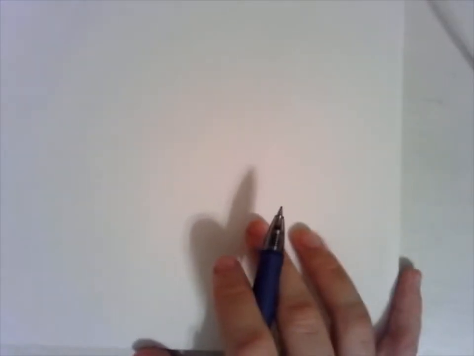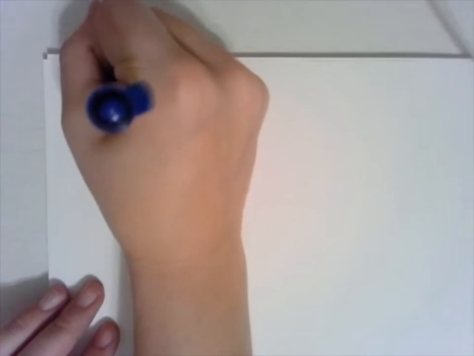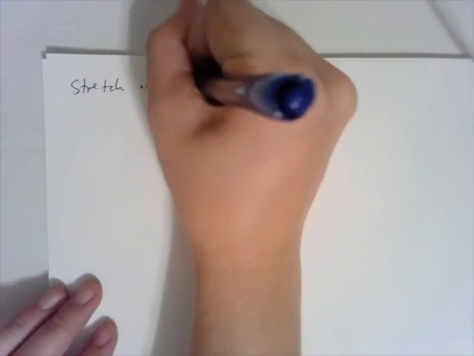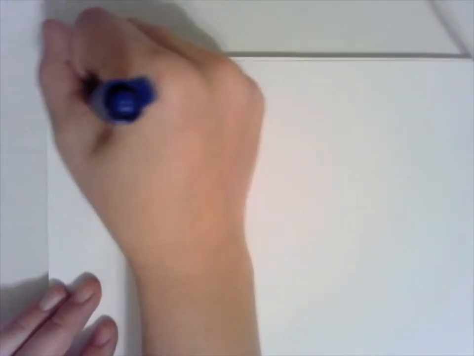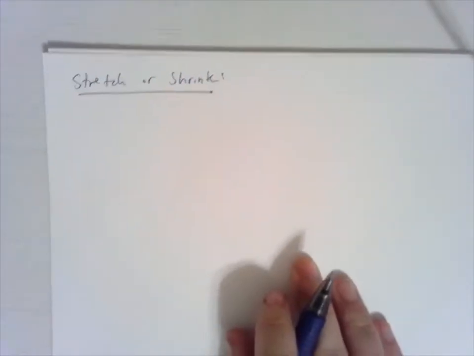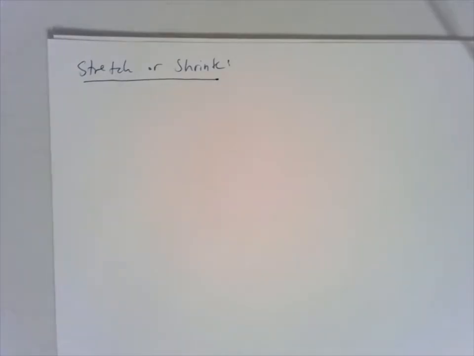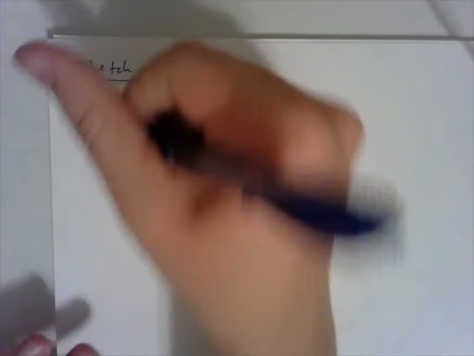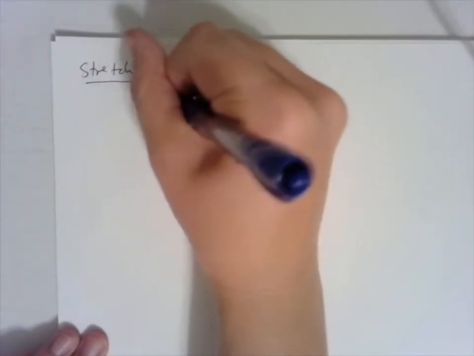Alright, so let's talk about stretching or shrinking. Stretch or shrink. Alright, so we have 2 cases of this. We either have a vertical stretch or shrink or a horizontal.